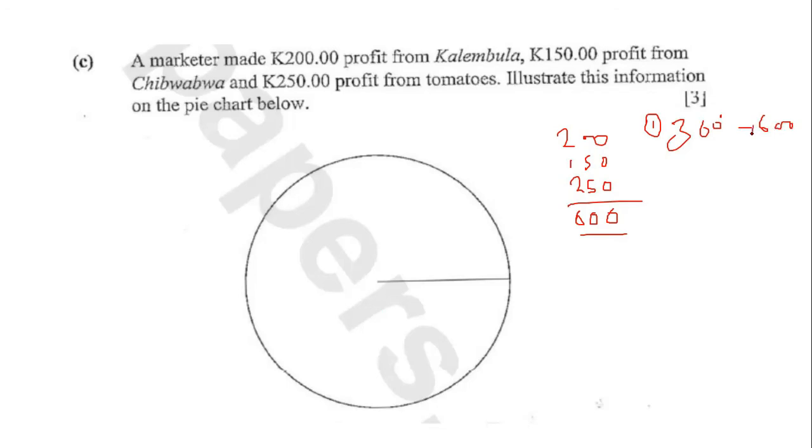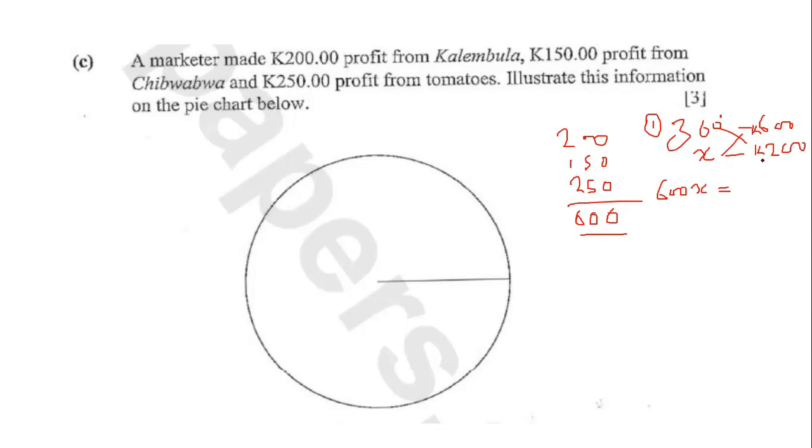All the kwachas should be written on one side and the degrees on the other. Now we don't know what degree will be occupied by 200 kwacha. So we write it like this and cross multiply, so we have 600x being equal to 360 multiplied by 200.